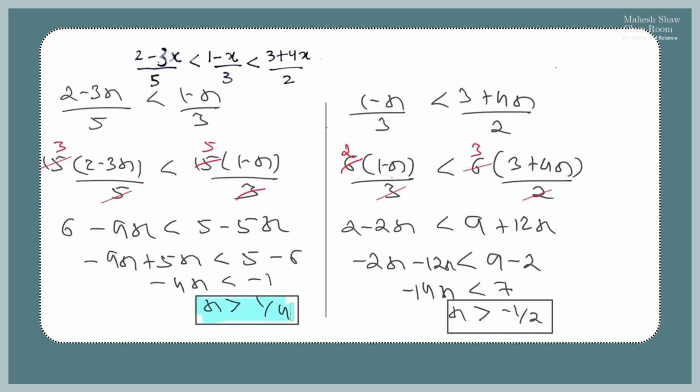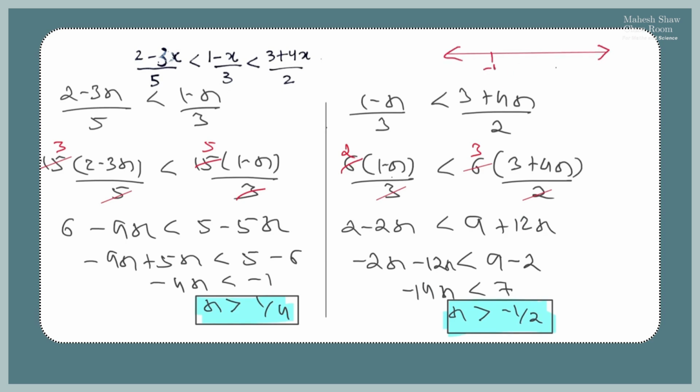Now we have two conditions. First is x greater than 1 over 4 and the other is x greater than minus half. So for both conditions to be true, x must be greater than the larger of the two. We can also justify this by using the number line.